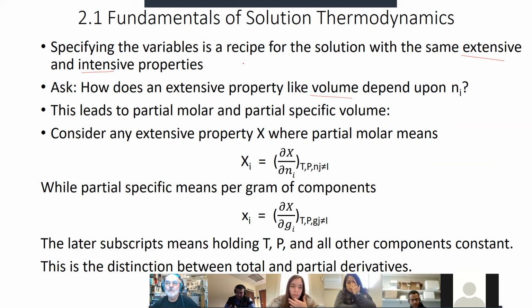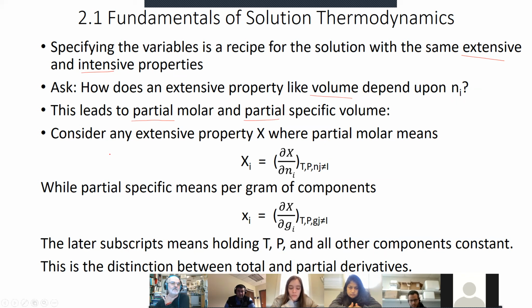Specifically, if we have different components that we mix in some ratio, and the components have some volume, so imagine that we're mixing liquids. What's the volume of the final mixture? And how do we determine it? Is there a way that we can be quantitative about it? And so this leads to the definition of something called partial molar and partial specific volume.